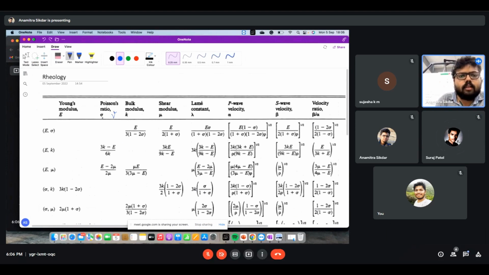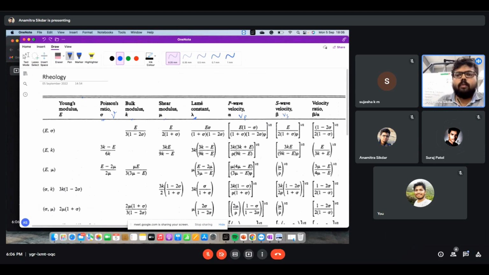But here it is written as sigma, and the bulk modulus is small k, shear modulus is mu as it is. Lame's constants are the same, right? So there are other Lame's constants, which is mu, and for p wave velocities we call it vp, and s wave velocities we call it vs.